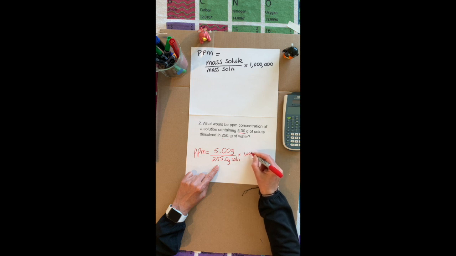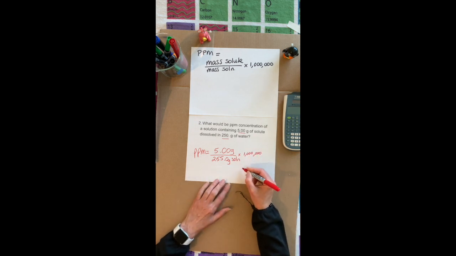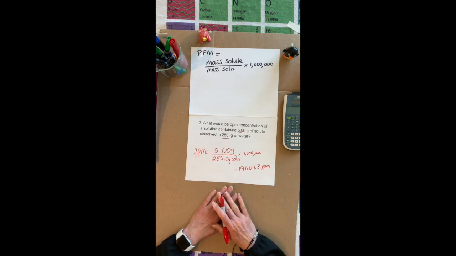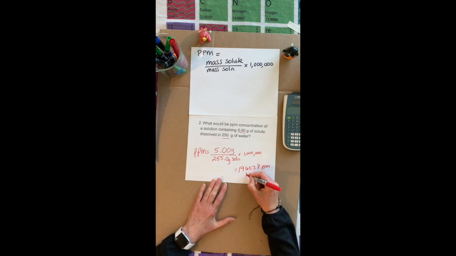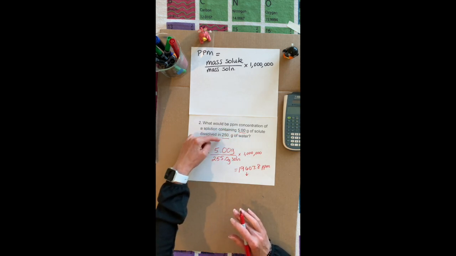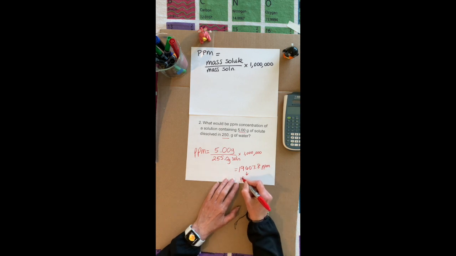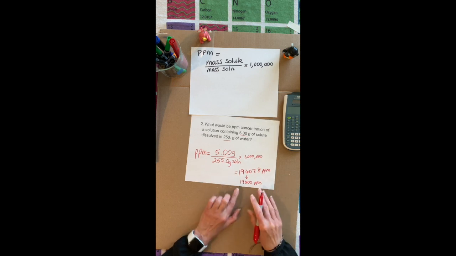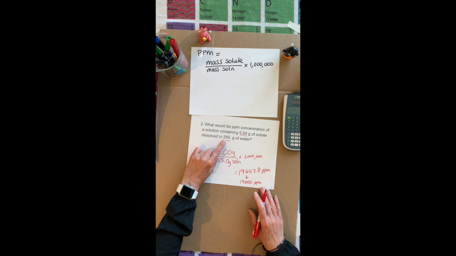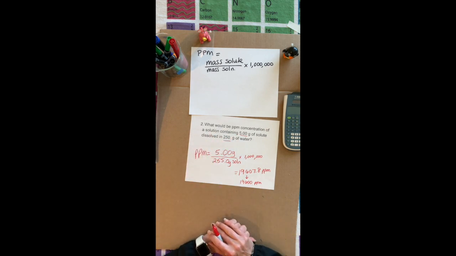Times 1,000,000. And we get 19607.8 parts per million. And if we want to be more accurate in our answer, according to the sig figs used here, our answer would actually be down to 3 sig figs, which aligns with the 3 sig figs used in this example.